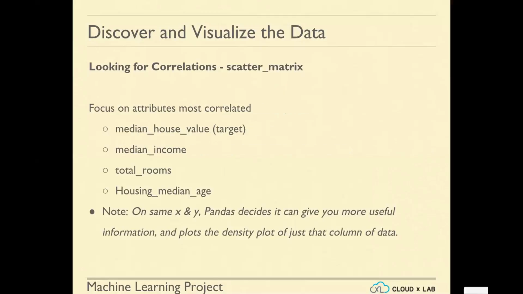Therefore, we are using only four of these. Okay. But we can use all of them as well. So the first thing we did was we used the correlation method, corr, to just take a look at the data quickly. And then we have used scatter matrix to plot the relevant attributes against each other.